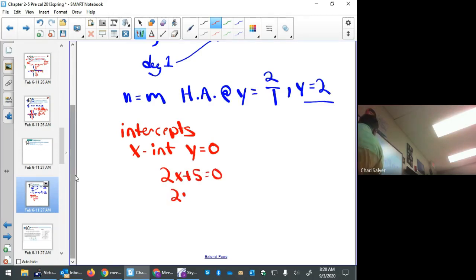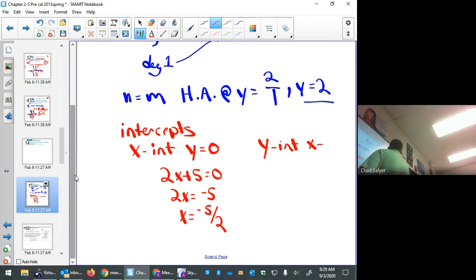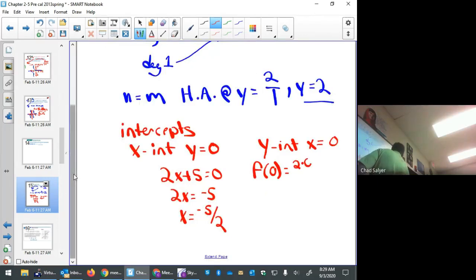So subtract 5 and x equals negative 5 over 2. And for the y-intercept, x equals 0. So you just find f of 0. So that's 2 times 0 plus 5 over 0 minus 6. And so that's negative 5 over 6.